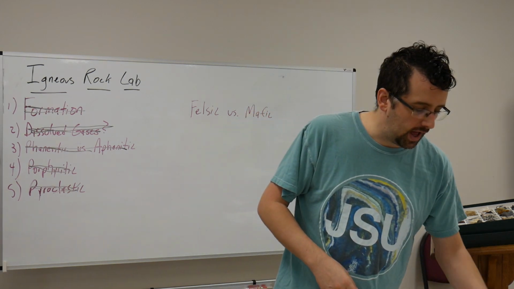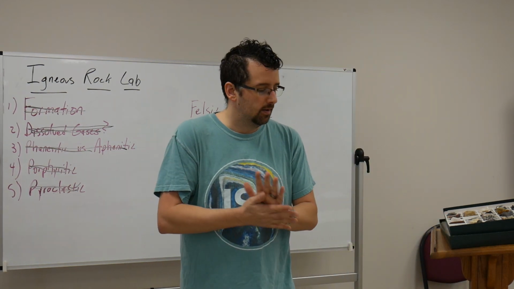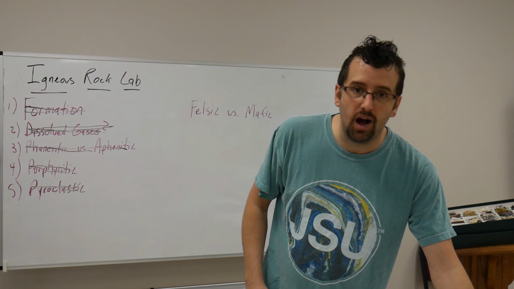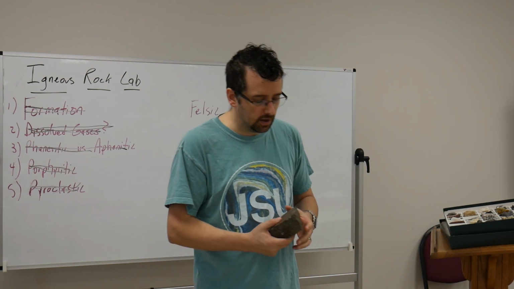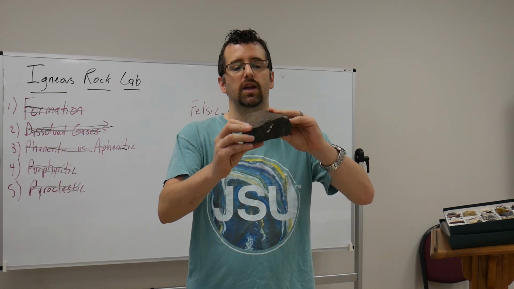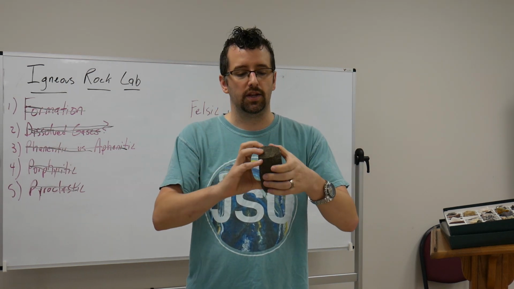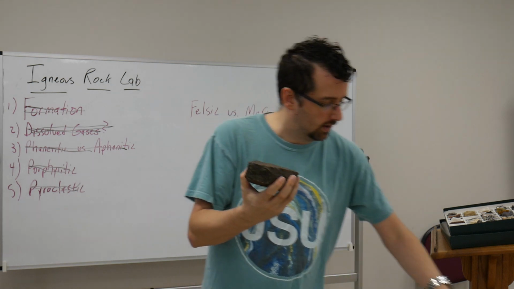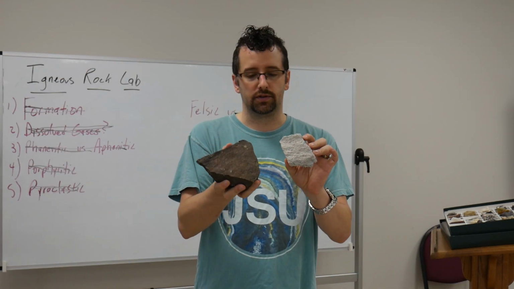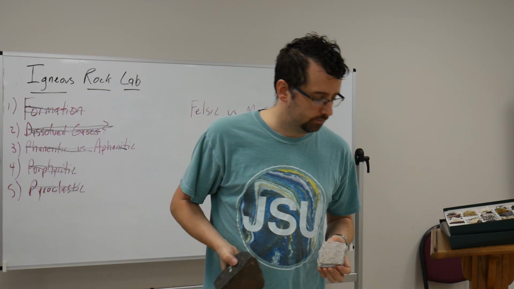But mafic magmas are very high in iron and low in silicon. So here we have a piece of basalt, this giant igneous rock right here. And you can see it's very dark in comparison to the felsic rock that I have right here.